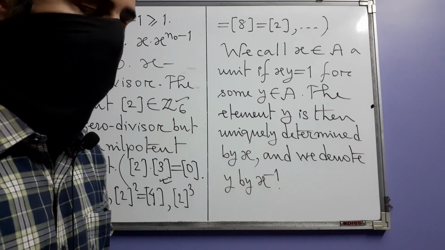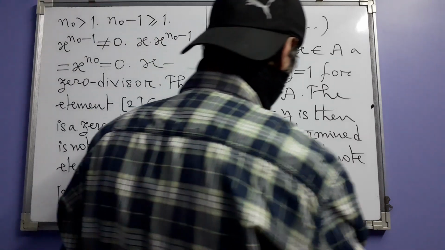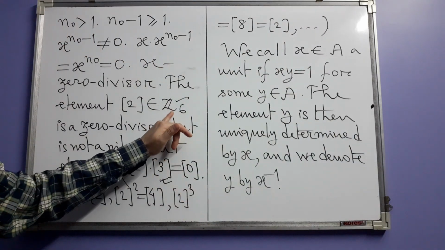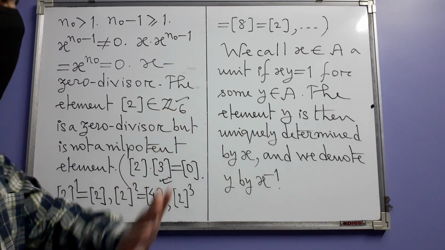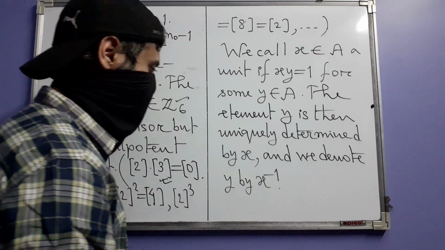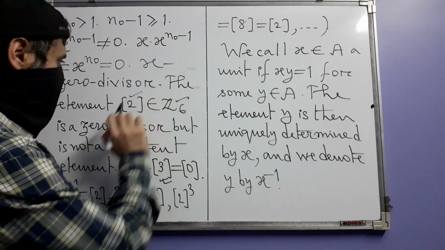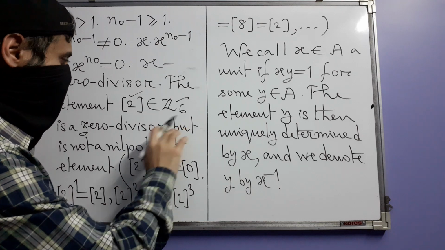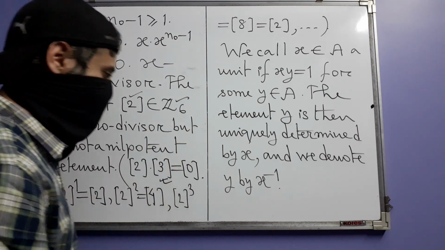It may not exist also. For example, in this ring, this element has no multiplicative inverse, but some other elements have. So this is not a unit, but for example, the congruence class 5 is a unit.